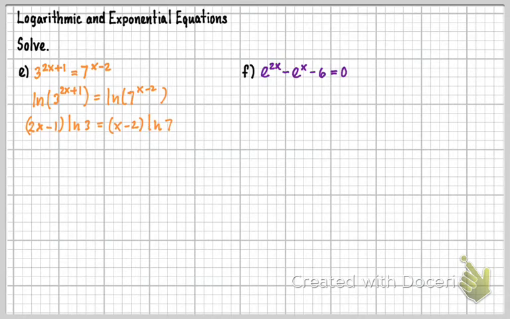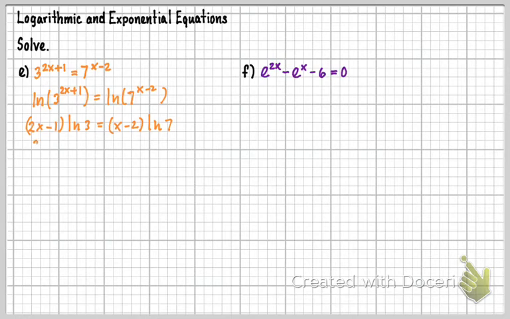So you can see how I got that variable, at least I got that variable down out of the exponent so I can actually deal with it here. Now I'm going to have to distribute the ln of 3 and ln of 7 through. Keep in mind, ln of 3 is just a number, so don't panic and think it's something strange.